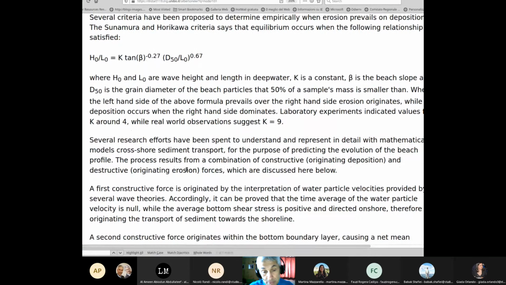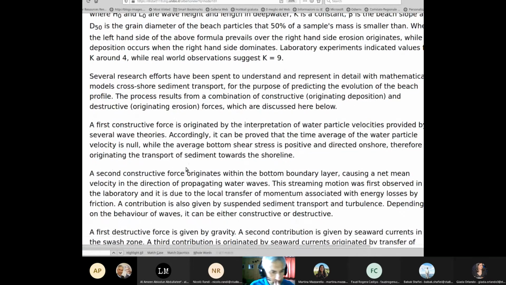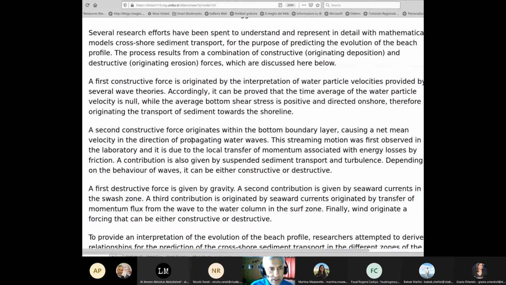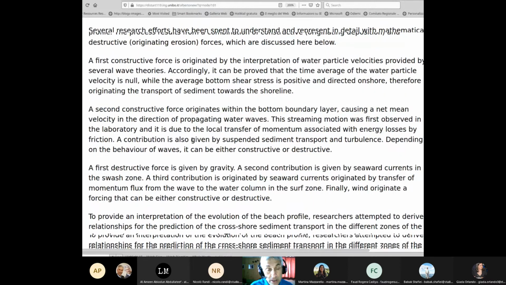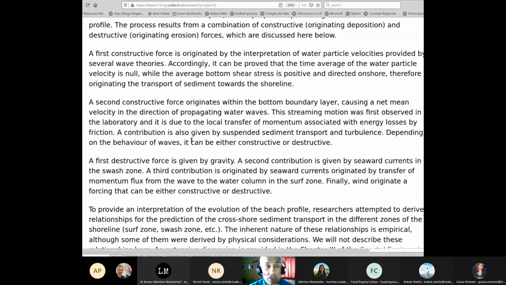Okay, now here there is a discussion on, in my webpage, on constructive forces and destructive forces. It is a discussion that helps you to understand, especially in open sea, why the particles of sediments move, because it is easy to understand how and why the particles move after the breaking of the waves.